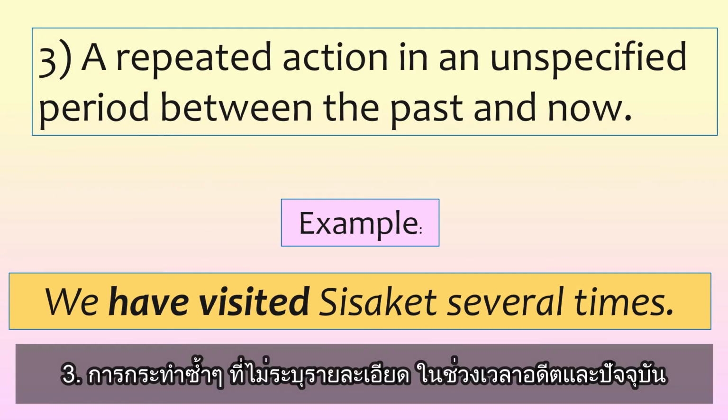Next, we have a repeated action in an unspecified period between the past and now. So present perfect is used for an action that is repeated, but we don't know the time. We just know that you have done it in the past, and until now.